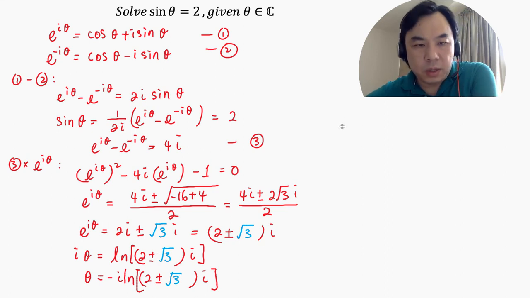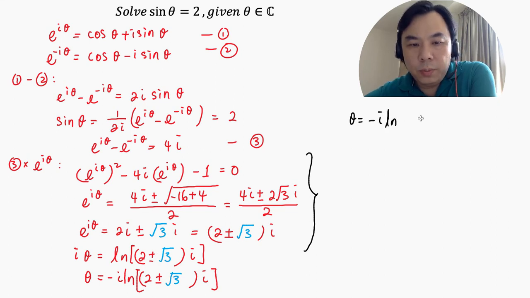So now let me rewrite over this side here. I'm going to use a different color here. Starting from theta equal to negative i ln(2 plus or minus surd 3) i here.